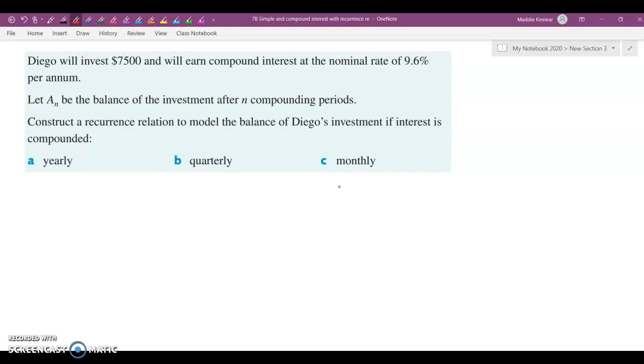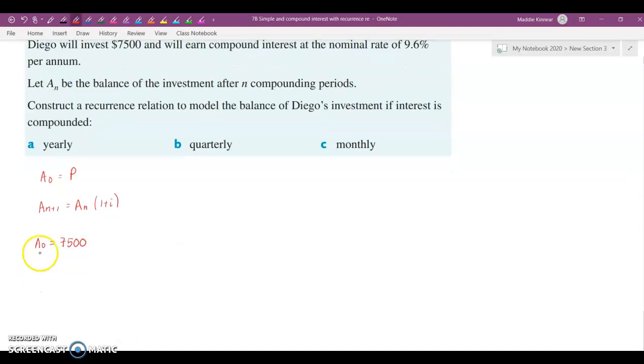So to construct a recurrence relation for yearly, this is exactly as we've done before. We've got our general form. We always know that A0 will equal P, and A(n+1) is going to be equal to AN times (1 + i). So for this first one, A0 is going to be equal to 7,500, and our recurrence form, A(n+1), is going to be equal to AN times (1 + i).